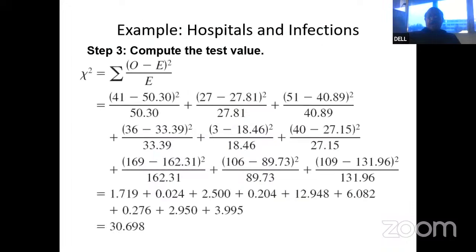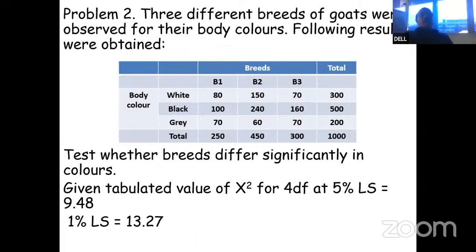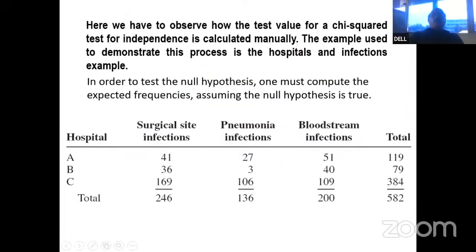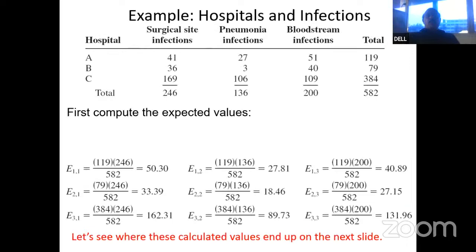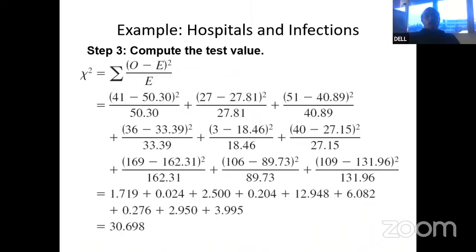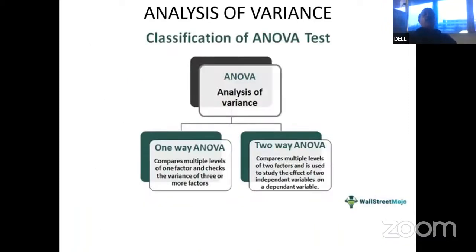How many rows and columns do you have to check? Here it is 3 by 3, so 3 minus 1 into 3 minus 1, that is 2 into 2, 4 degrees of freedom. At 4 degrees of freedom, at the 5% level, we observe the table value and compare. Whatever assumption you have considered, if it is rejected, obviously we can say there is a significant difference.